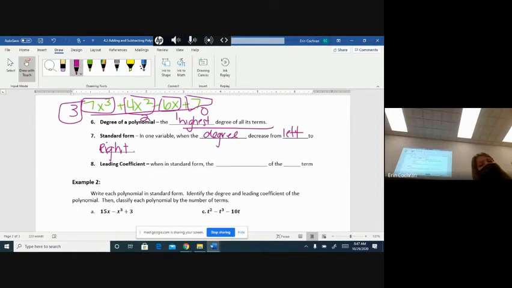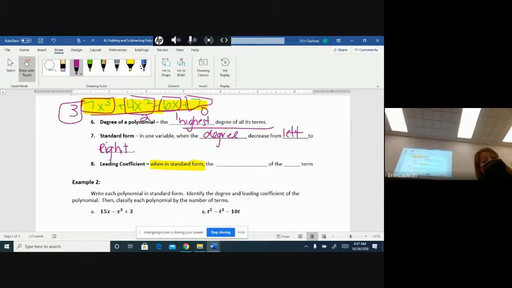Okay. And then, what's a leading coefficient? What do you think? When I'm in standard form, so I'm in standard form here, what do you think my leading coefficient means? Peter? Yeah, it's the number in the front.